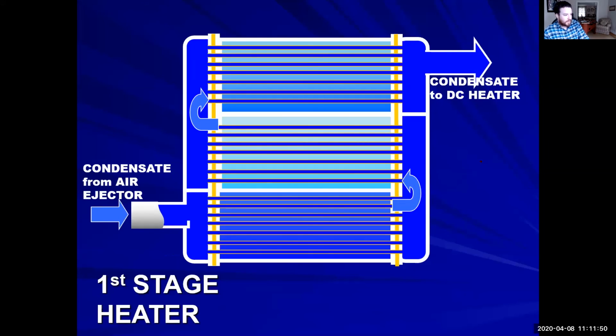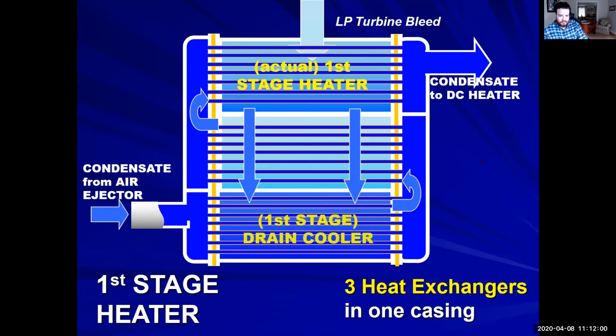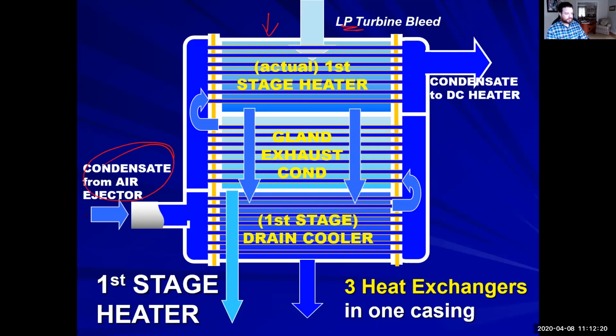We basically bypass it now. All it's doing is being like a first stage. It's supposed to increase efficiency. We're utilizing the low pressure turbine bleed. We're getting some steam going through it, and it's increasing the temperature of our condensate going from our air ejector to the DC heater.